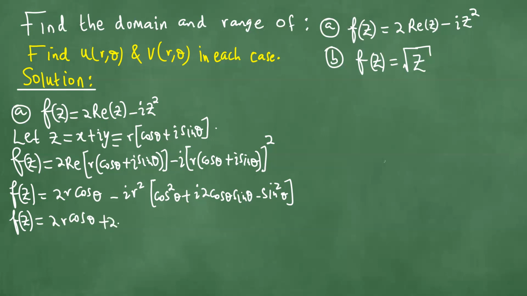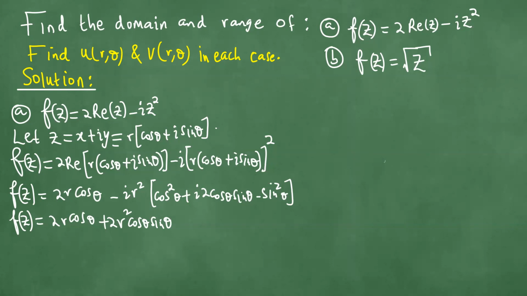You have twice, that is the 2, but i and minus i, i times minus i is going to give us 1, so it's 2r squared into cosine theta sine theta. Like so.